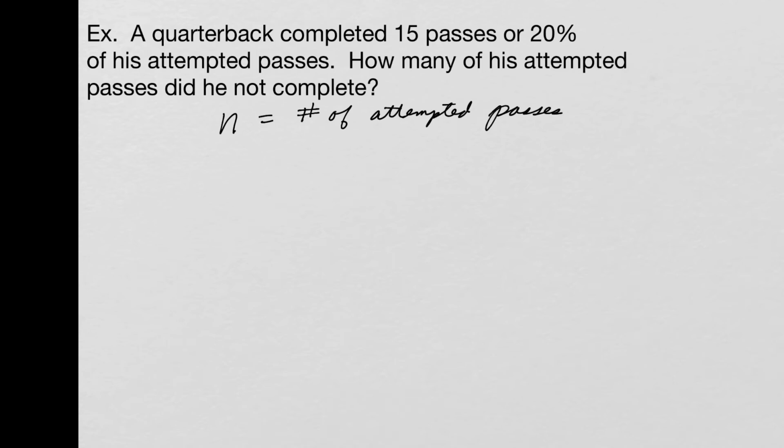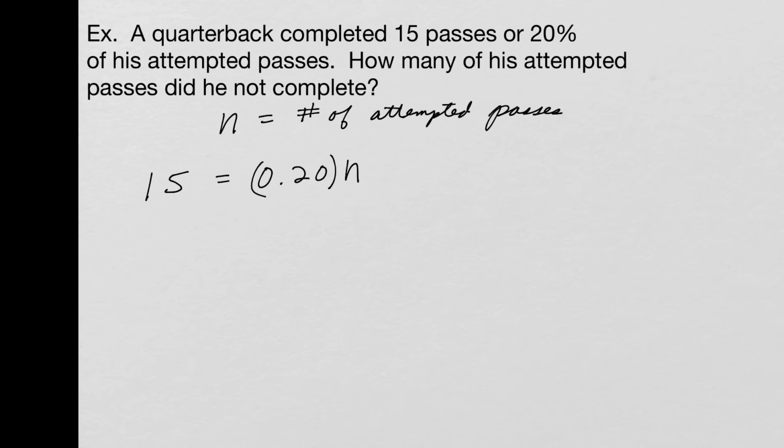Okay, so now using that information and using n, I can set up an equation. We know that 15 passes represents 20% of his attempted passes. So 15 must equal 20%. I can write that as 0.20 of, remember that means multiplication, his attempted passes, which is n.